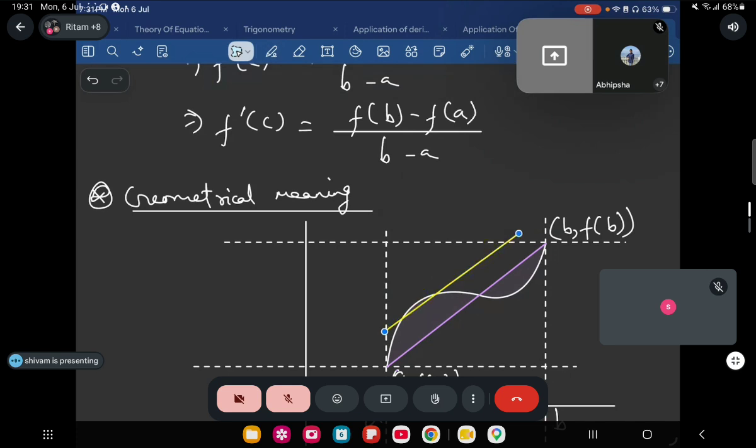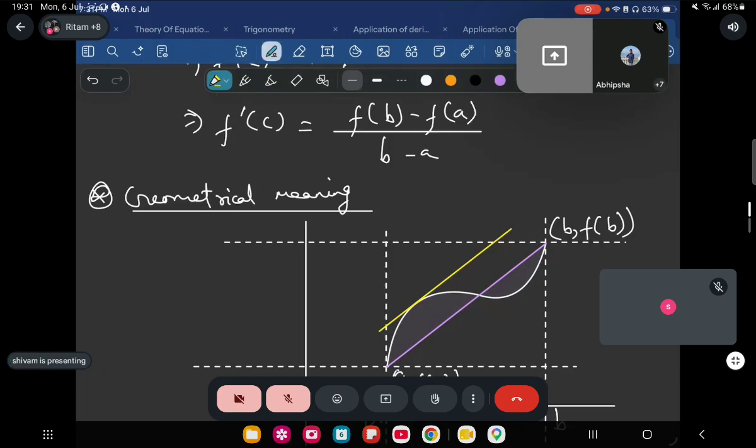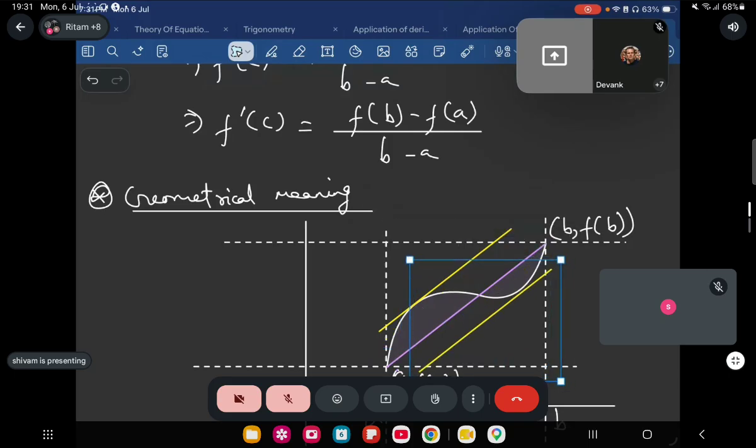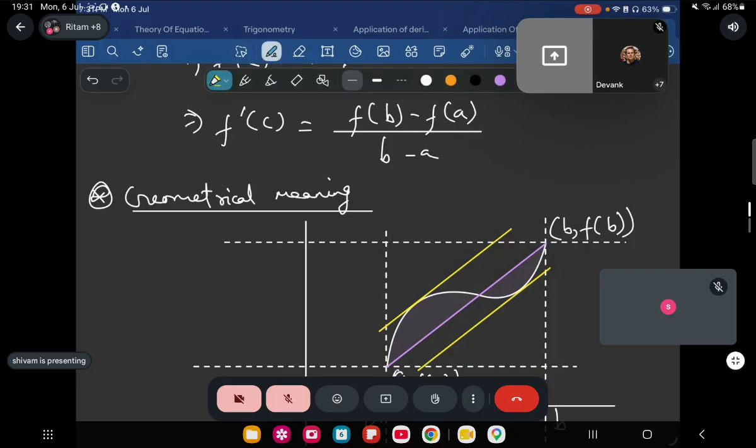Tell me, Sarthak, Devatri, Oipsha, are you people able to understand? Yes, sir. Devang, are you getting? Yes, sir. Ritam, are you getting? Prajakto, are you getting? Tell me. Yes, sir.